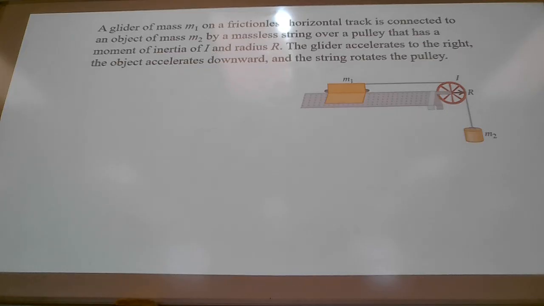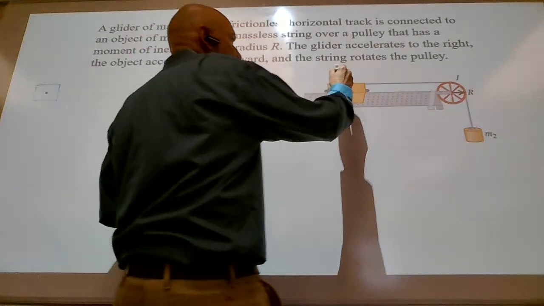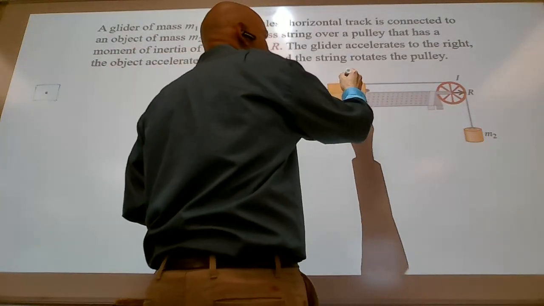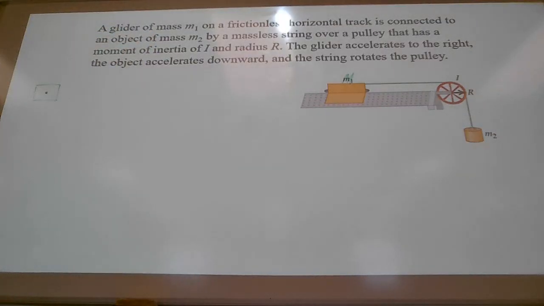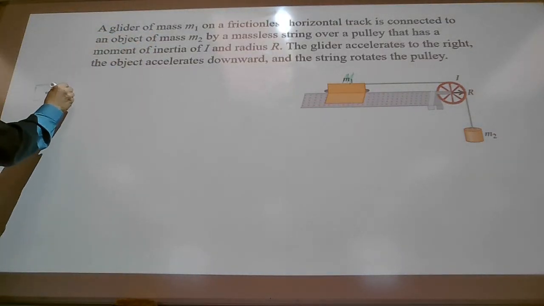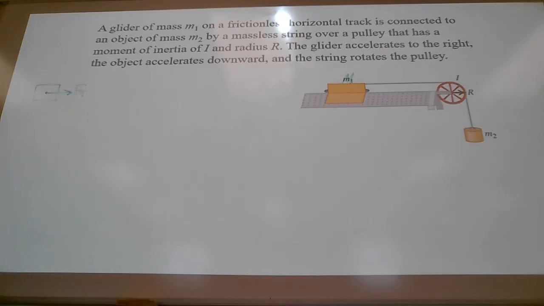Do a free body diagram of the sled. I'm just going to say this is capital M rather than writing subscripts. It's annoying. Okay. So we've got a force of tension.